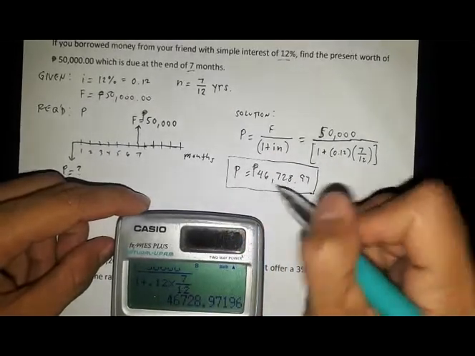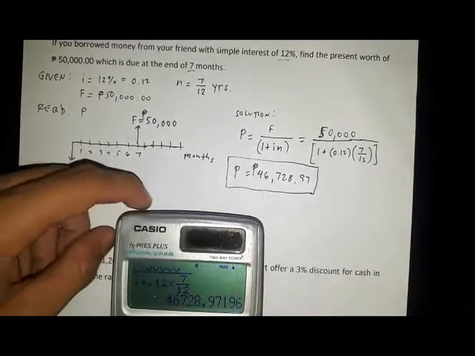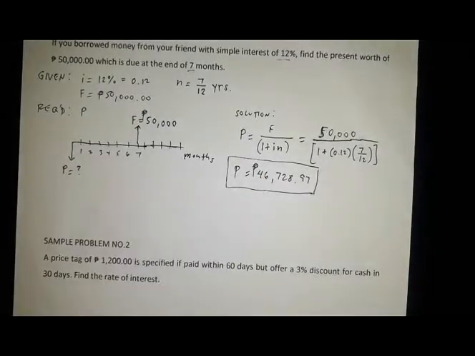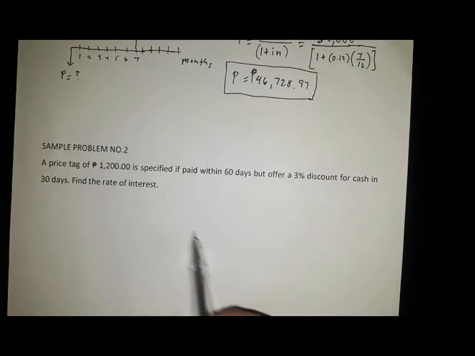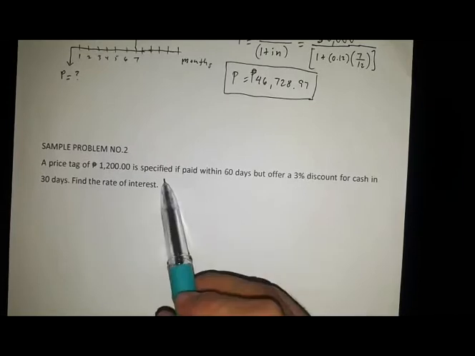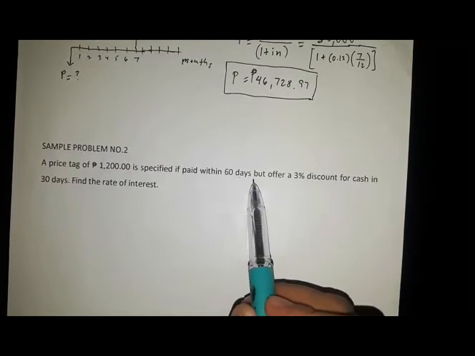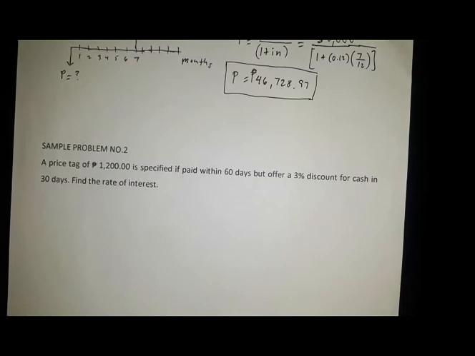Now let's solve sample problem number 2. It states that a price tag of 1,200 is specified if paid within 60 days, but offers a 3% discount for cash in 30 days. Find the rate of interest.